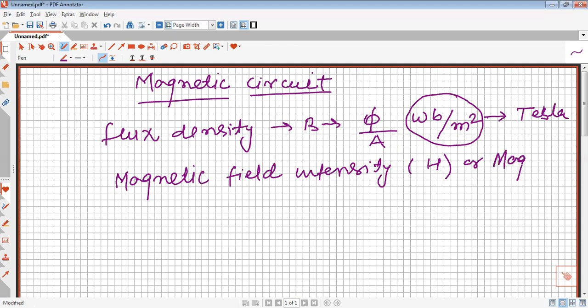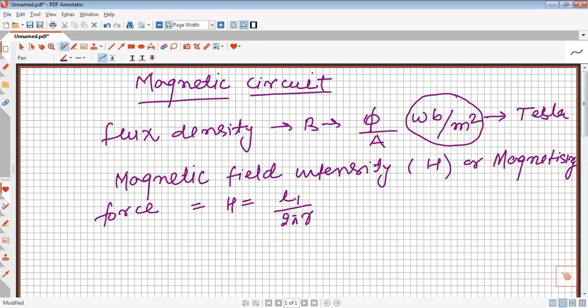H is equal to current divided by length. So current per unit length is called magnetic field intensity, or magnetizing force.